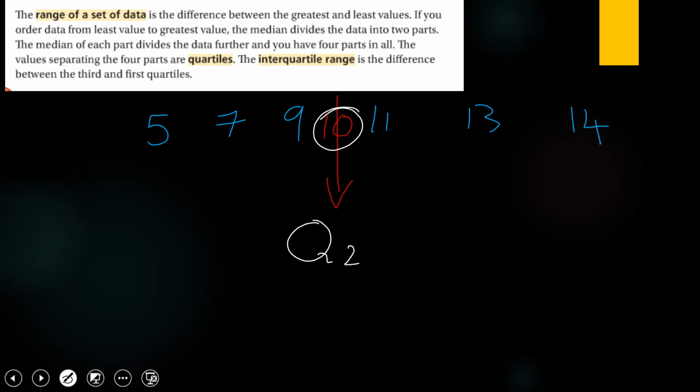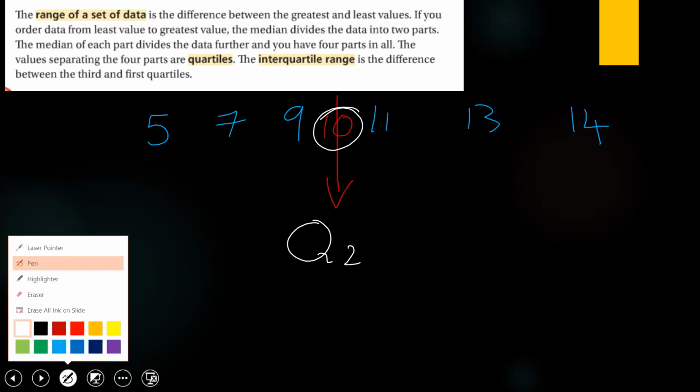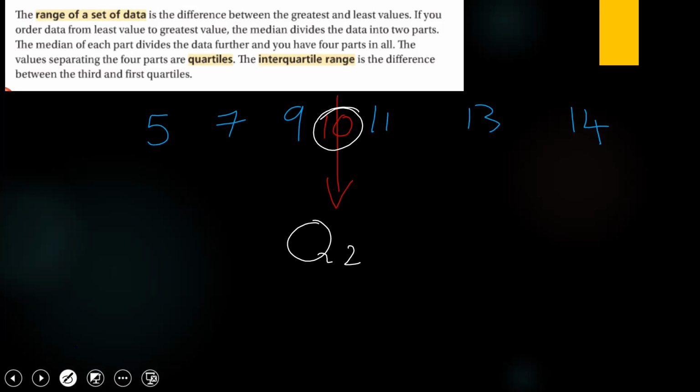Now then after that, let's look at the first half of the data. This is the first half. For this first half, where's the median of the first half? 7.